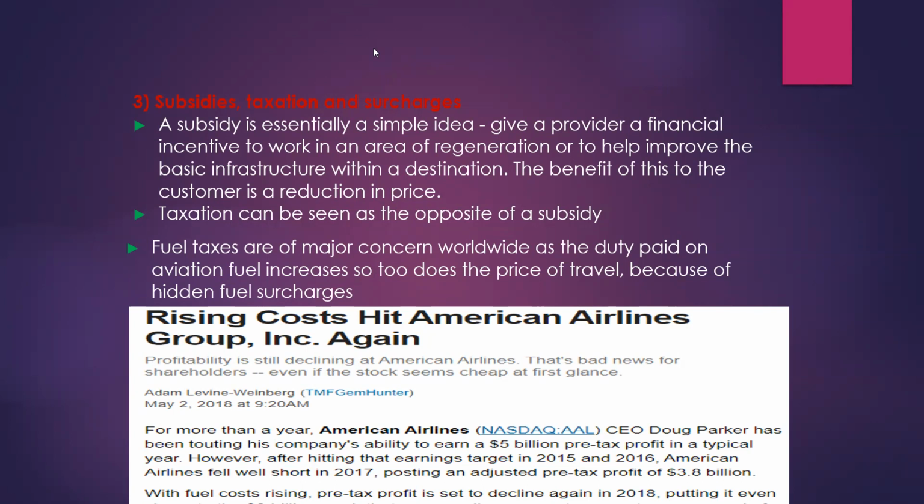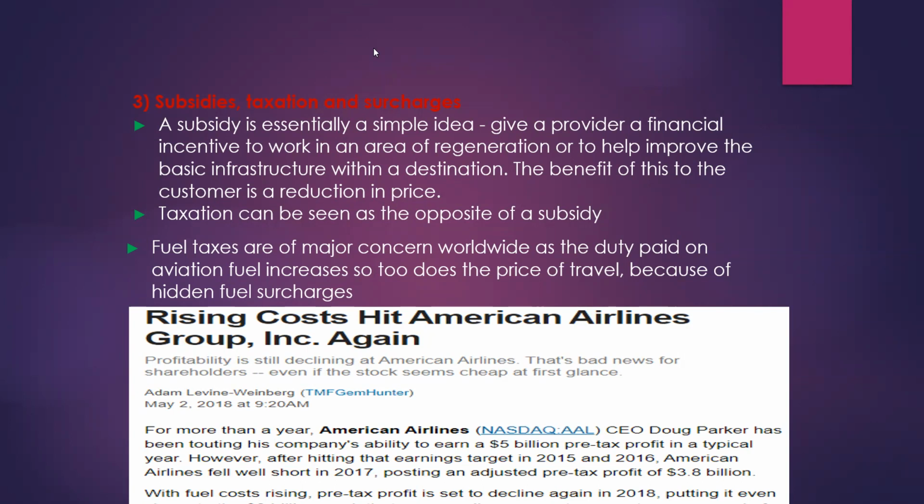Then we have the fuel taxes. Fuel taxes are of major concern. They are very important worldwide, as the duty paid on aviation fuel increases. Okay, so does the price of travel. When the aviation fuel increases, everything else increases.